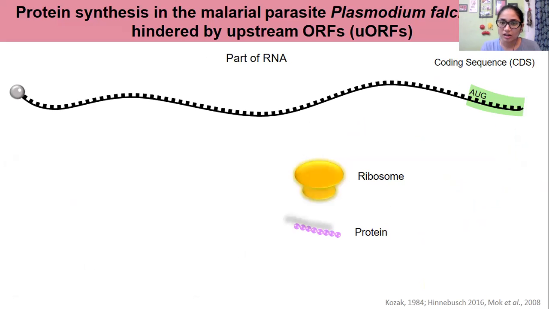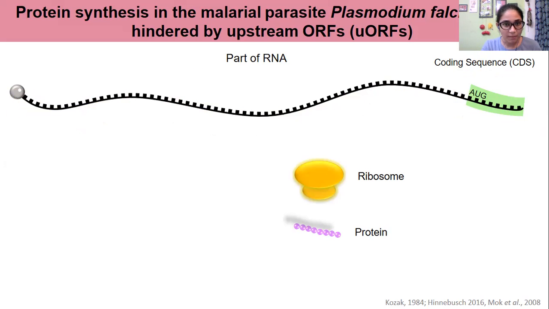This yellow thing is the ribosome, which helps the formation of protein from this RNA molecule. The ribosome attaches to the RNA and scans for the coding sequence, the sequence that can actually make the protein. Once it finds the coding sequence, it makes the protein.